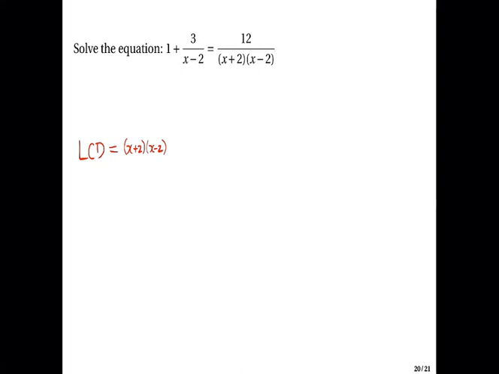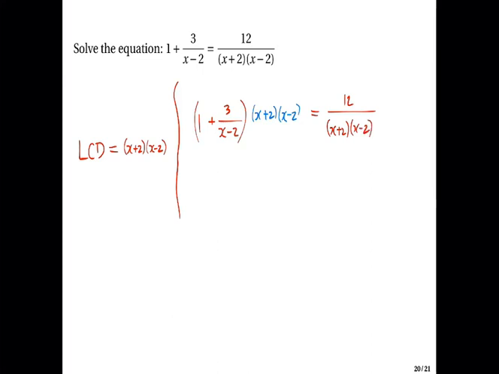Okay? So we multiply both sides of the equation by the LCD. 1 plus 3 over x minus 2, quantity, multiply the LCD, x plus 2 times x minus 2. And then this is equal to 12 over x plus 2 times x minus 2.